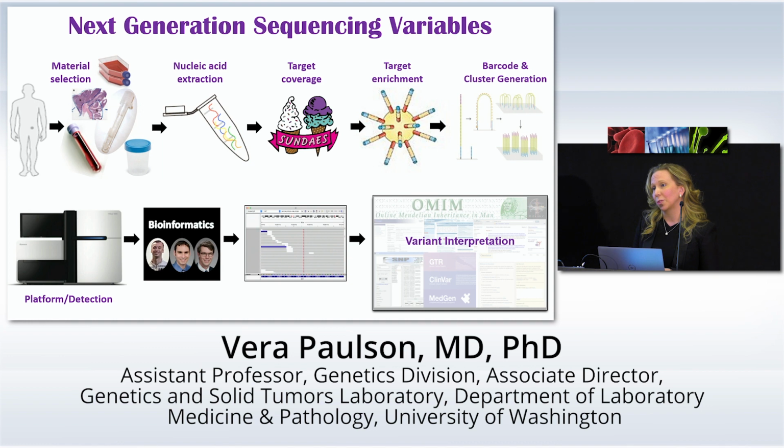We're going to highlight a few of these in the next slides, but really material selection can be key. Nucleic acid extraction, so are you going after DNA, RNA, sizing of that, target coverage, and then the platform, right? The way that we're finding these mutations and the skill set of your bioinformatics team in their black box, so to speak. And really also the skill set of the molecular staff interpreting these variants.